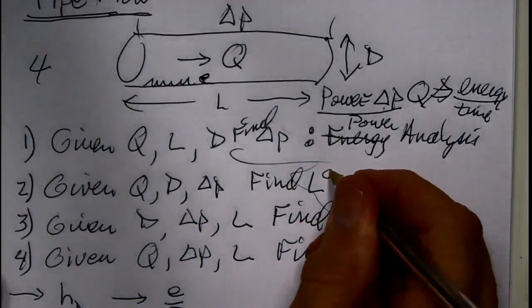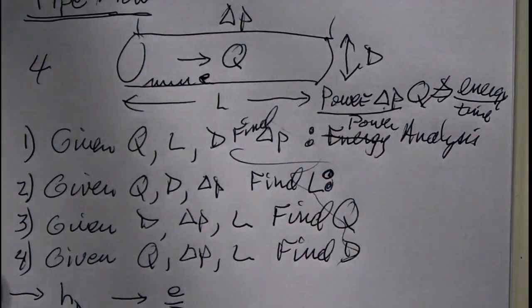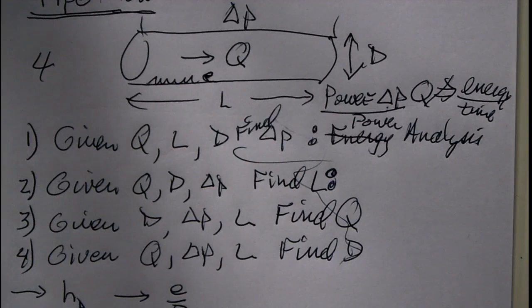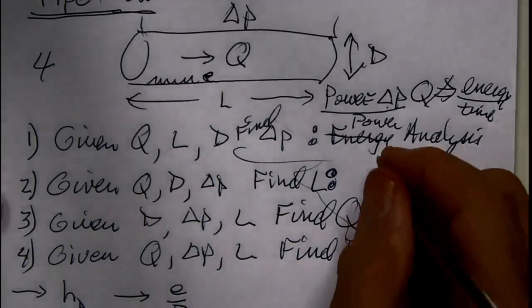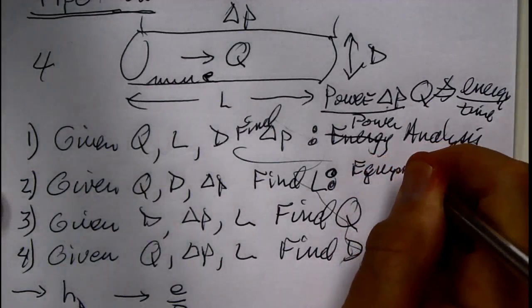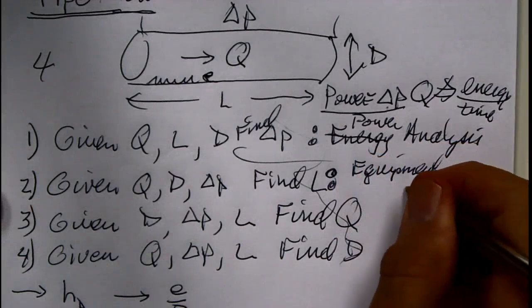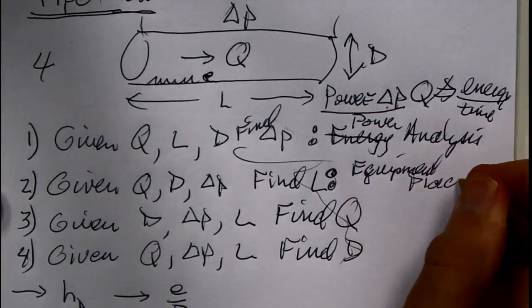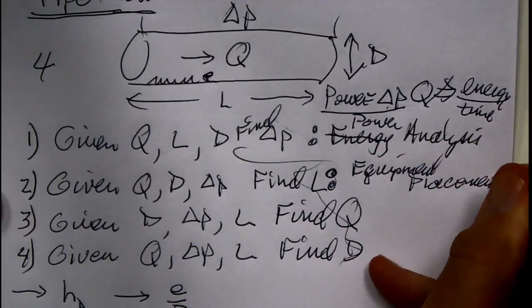Now in this one you're finding length. What would you call that? Give it an English name. You would probably call that equipment placement: how far apart you can put equipment.